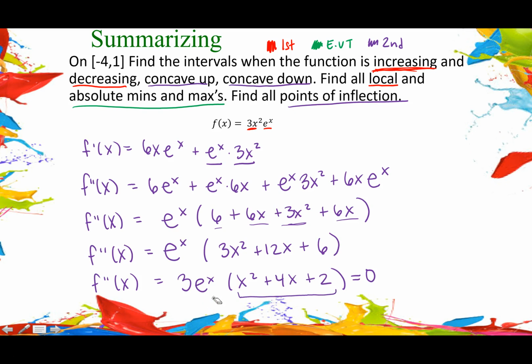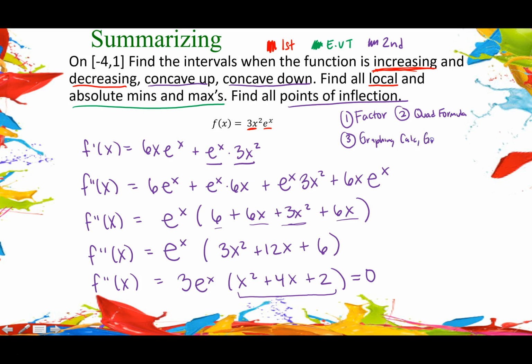There are 3 ways to figure out the x values that would make this 0. Your 3 options are number 1 to factor, number 2 to do quadratic formula, number 3 would be to use your graphing calculator.